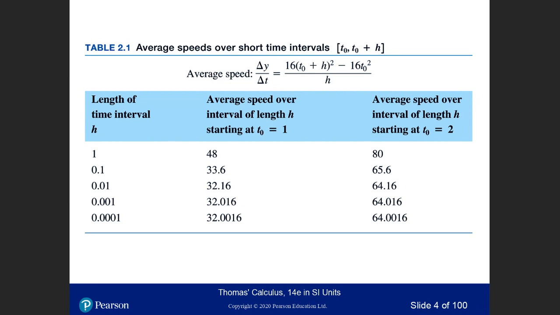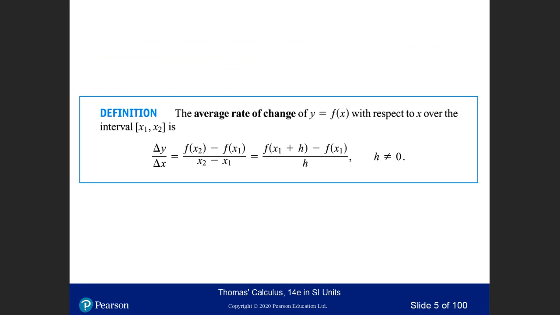Now let's see what we are doing basically here. Actually, you can apply this method for any function. If you have y equal to f of x, and now delta y is f of x2 minus f of x1, and delta x is equal to x2 minus x1.